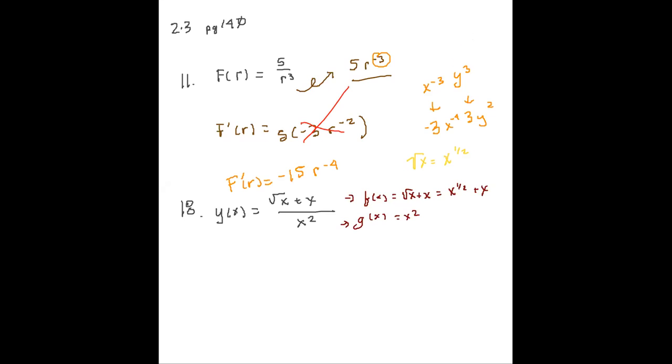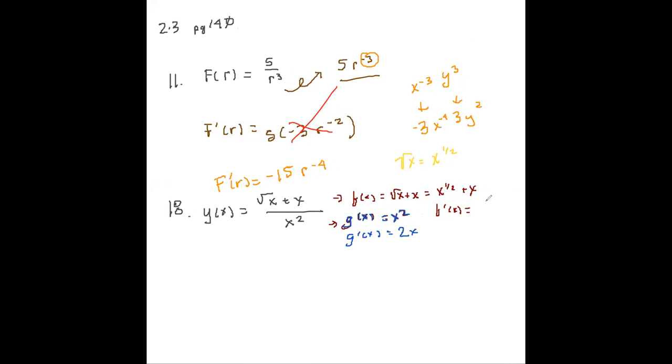Next, I'm going to do this over with blue. G of x is equal to x squared. I need g prime of x, which is equal to 2x. And then I need f prime. F prime of x is equal to what?